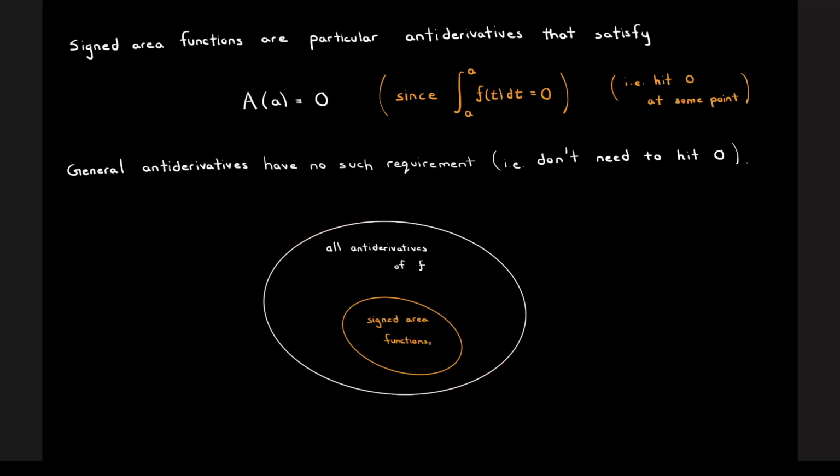Then the signed area functions are particular antiderivatives, and in general, usually, they form a subset of all my antiderivatives. These are the antiderivatives that have at least one x-intercept. But as you can see, there might be some other antiderivatives of my function that do not touch the x-axis, and those will be over here. Usually, the signed area functions do not exhaust all of the antiderivatives for some particular function f.